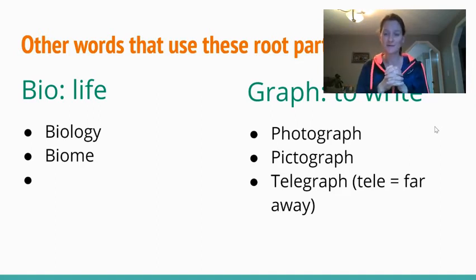So telegraph means to write to someone far away. A pictograph is to write in pictures, and a photograph is kind of sharing, and photo I think means light. So it's sharing light, and a photograph is actually different layers of light to give us an image of what happened. So you can see that the word biography with bio and graph, the bio and graph root parts of that word are actually really important, and we use them in lots of other words.